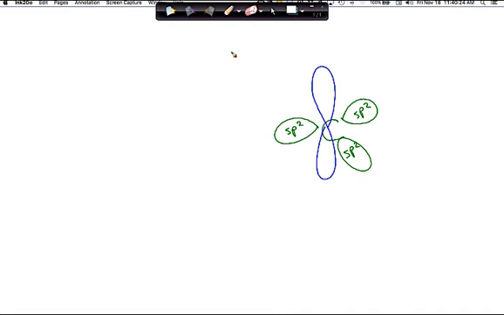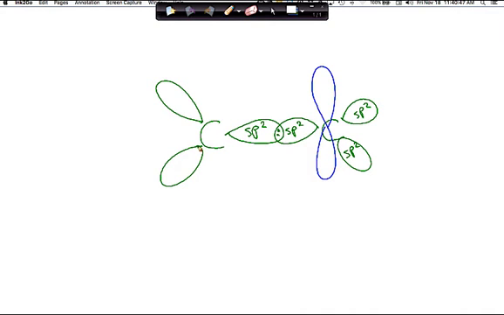So let me bring into the picture another atom. Here's another carbon atom, and it is also sp2 hybridized. So now we've got a shared pair of electrons there, and we created a bond. Now we've got another one here, and another one here.